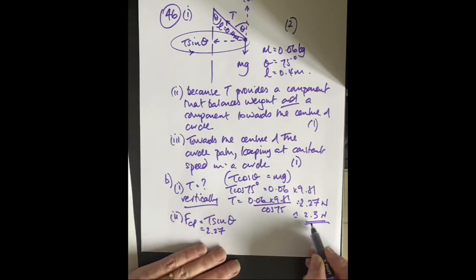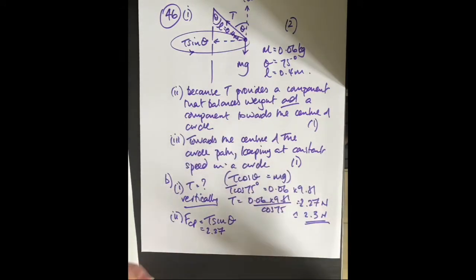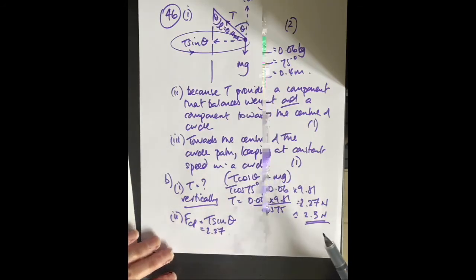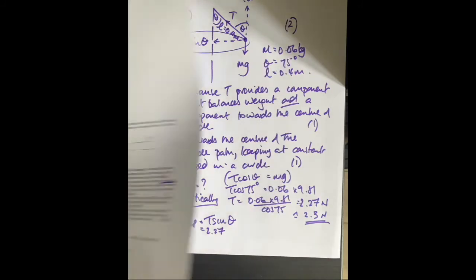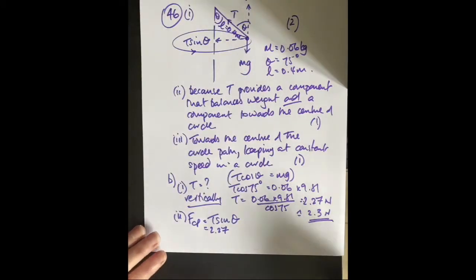But if you haven't done this, this is one of those things where exam boards allow you to get back into the question. So don't give up. There's usually something after a show that question that you can do to get back into the question.